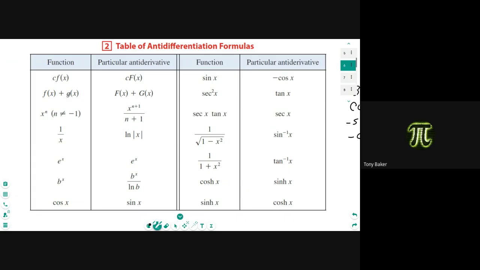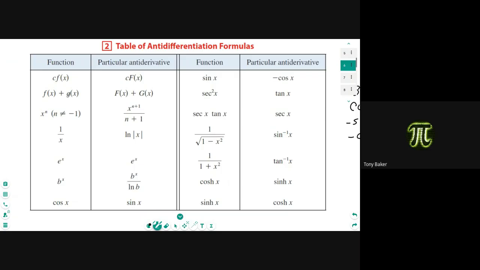Your constants, we can just pull those out. Just like I did with the 10 and the 5, I can pull those out, ignore them, do the problem, and then put them back in. Addition still works. So addition and subtraction, I can still do the integrals of each of the pieces individually, and we're fine. That's the power rule we just talked about, the 1 over x to ln of x we just talked about, e to the x. The b to the x ends up being b to the x over ln of b. We've done that one. So if you noticed, it's basically just the opposites.